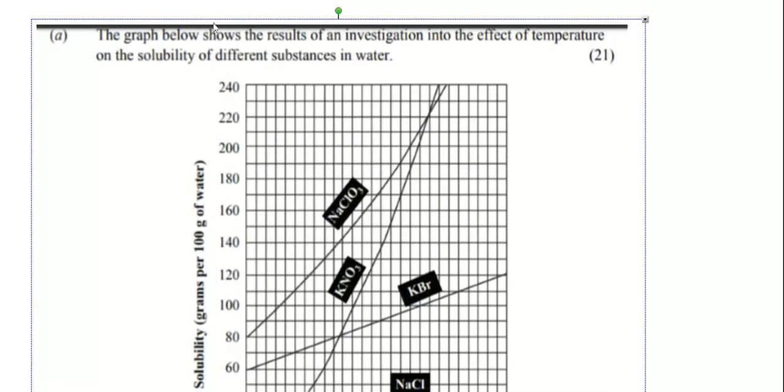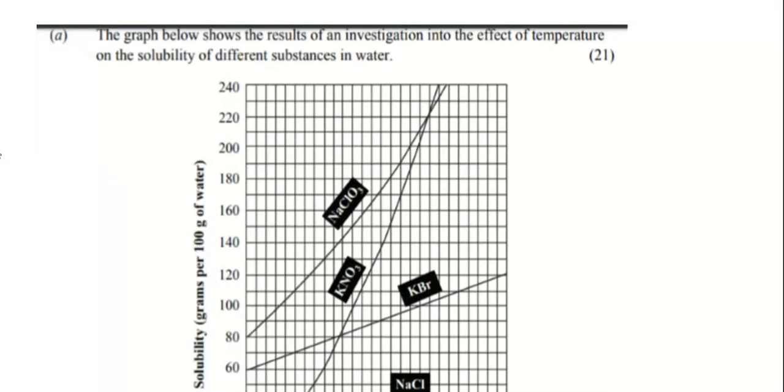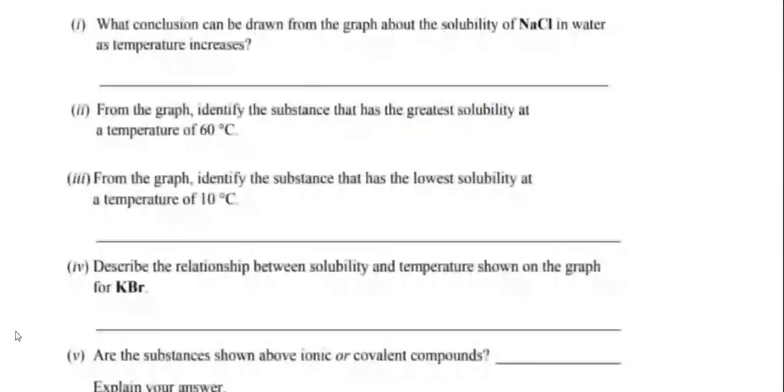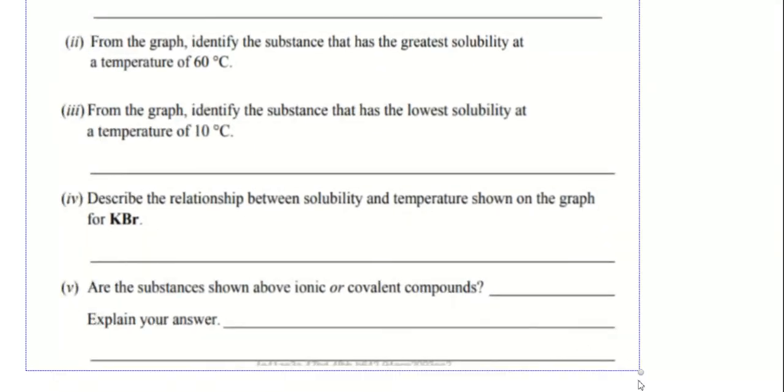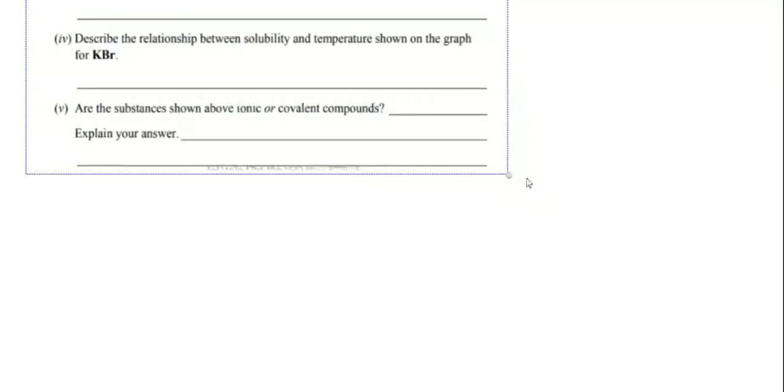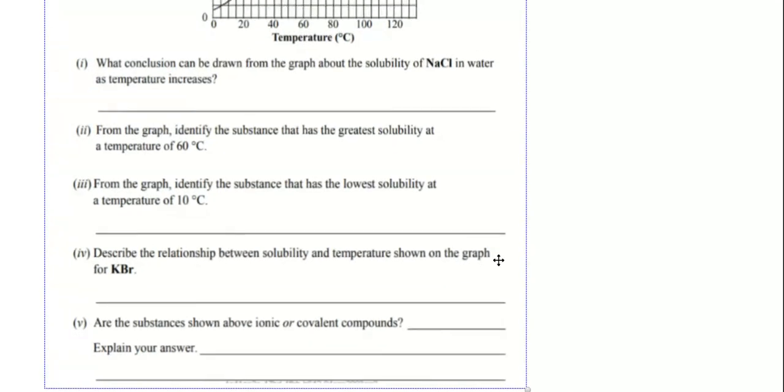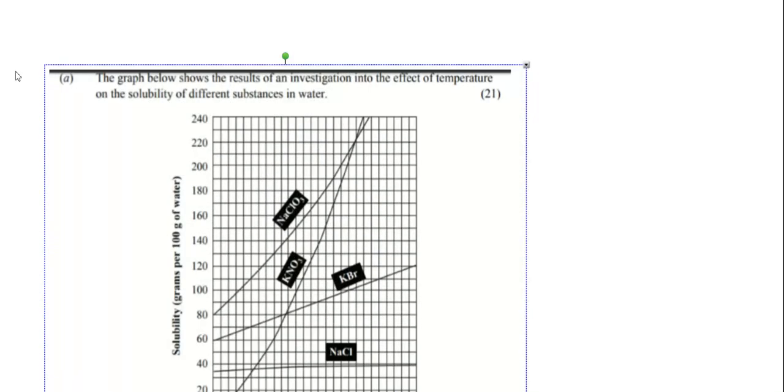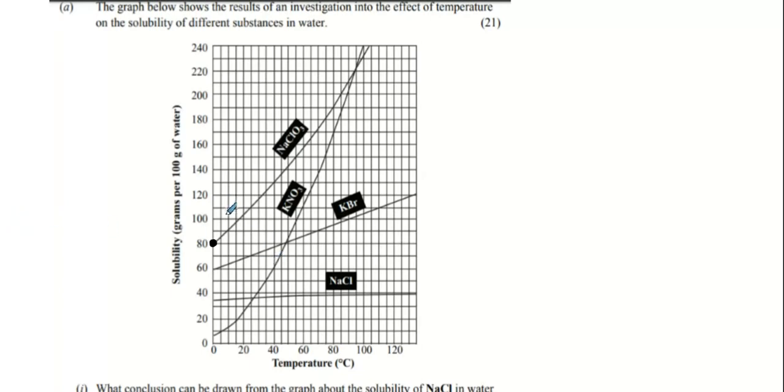This is a good question, guys. So what we have here is we have 4 different salts, and the 4 different salts are being dissolved in solution. Okay. So what we can see here is that NaClO3 starts at 80.